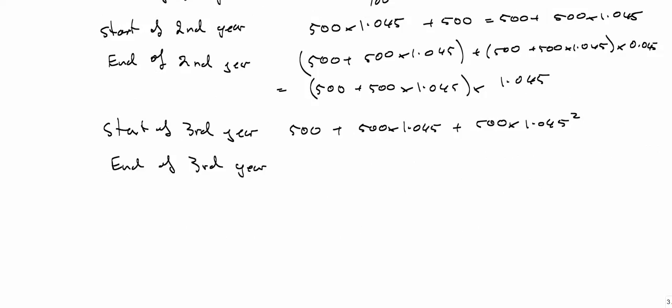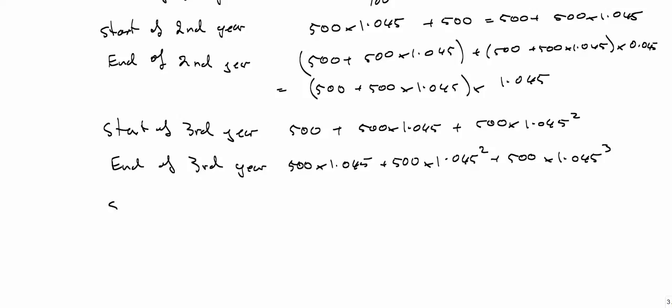At the end of the third year, we're going to add another 4.5%, which means multiplying everything we have at the start by 1.045. So let's just do that, multiplying each term by 1.045. So the second term will have squared, and the third term here will have cubed. End of the third year.